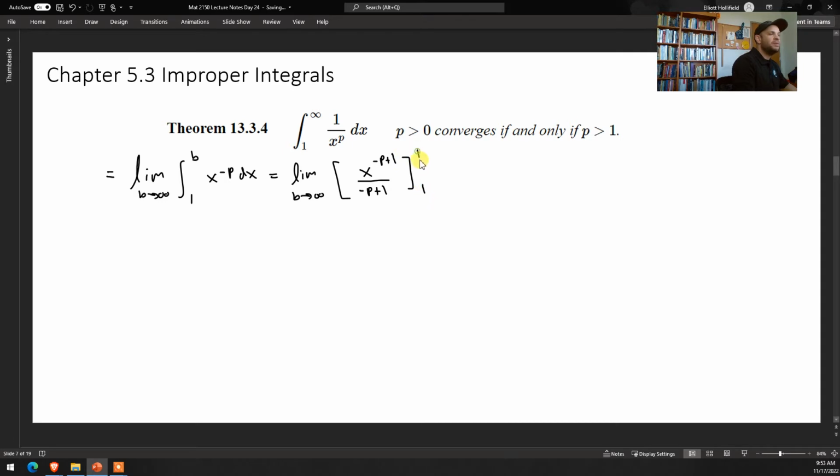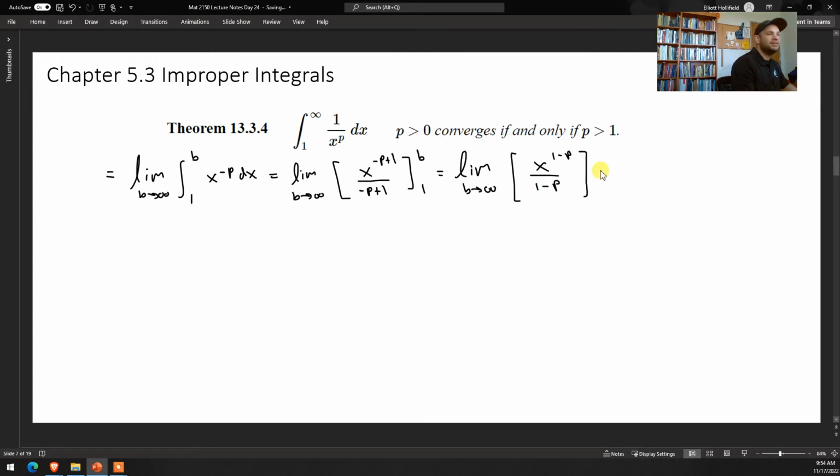And we evaluate in between 1 and b. Now that's equal to the limit as b goes to infinity. Let's rewrite this as x raised to the 1 minus p divided by 1 minus p.